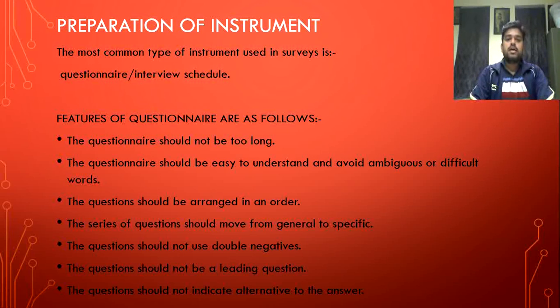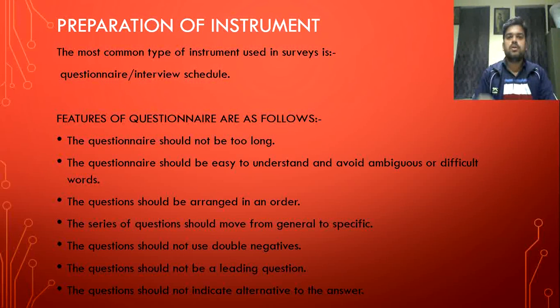The questions should be arranged in an order. It should not be jumbled from here to there. Suppose you are talking about income and expenditure. The questions related to income should be at one place, and the questions related to expenditure should be at one place.